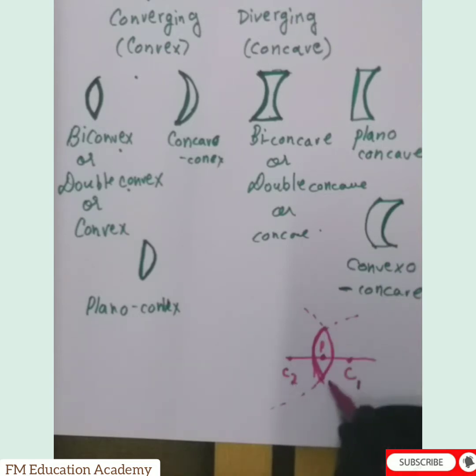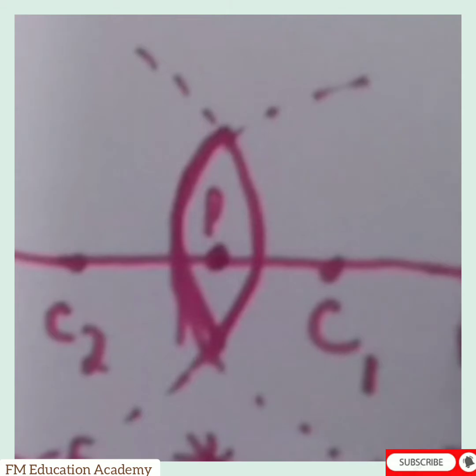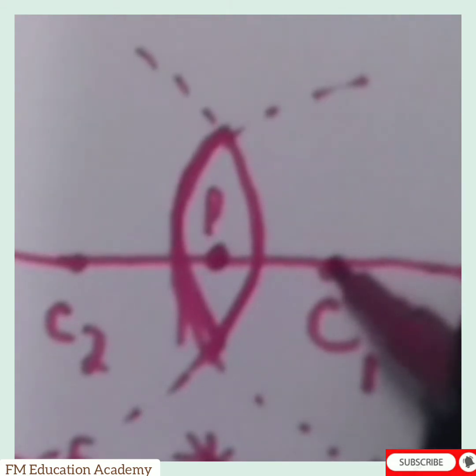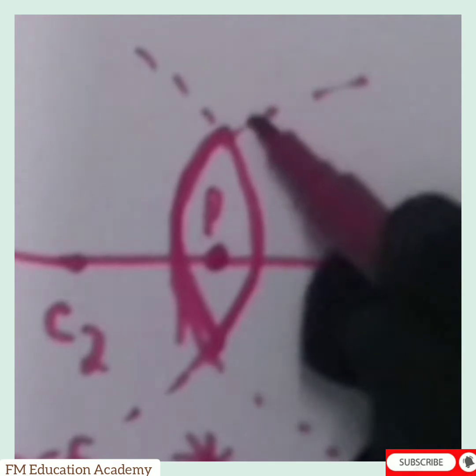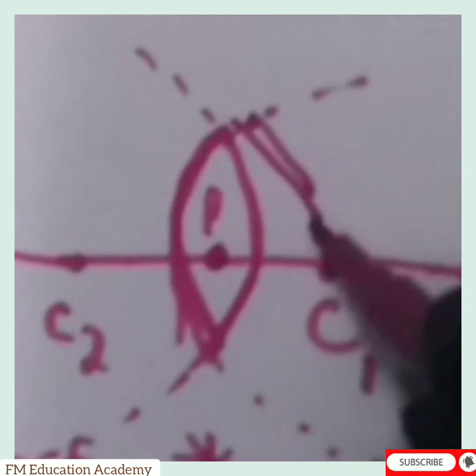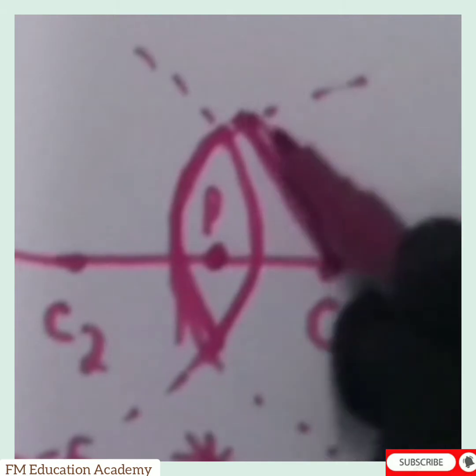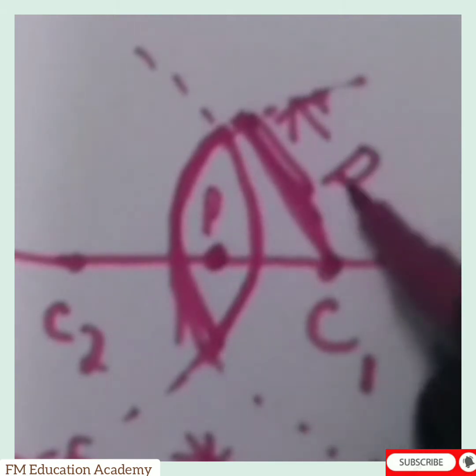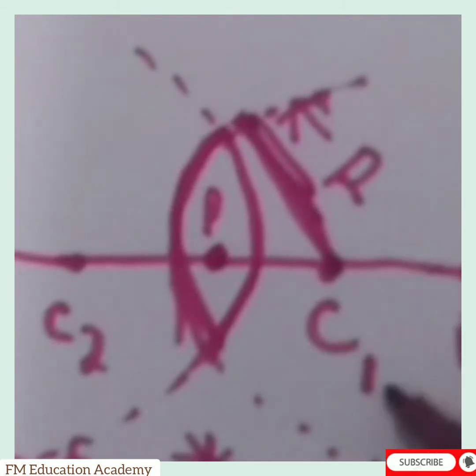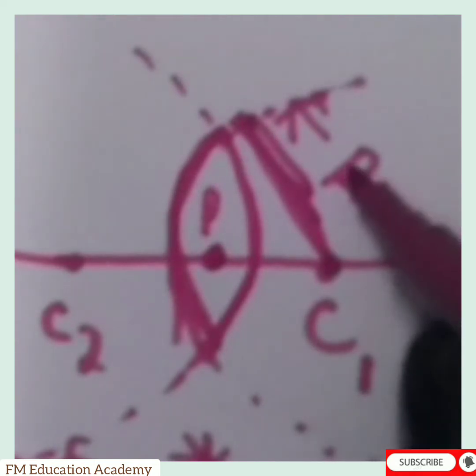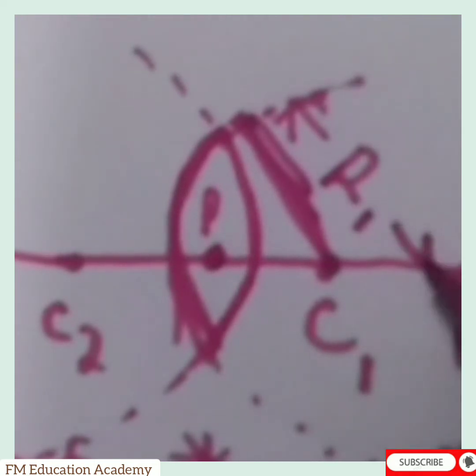So when two surfaces are curved, we have two centers of curvature, C1 and C2. Whenever we draw a normal from the center of curvature to a point on the lens, it will be called a normal, and in this lens terminology this is called the radius of curvature. Since here on the right side I am indicating by one subscript, this also I will indicate by R1, radius of curvature.